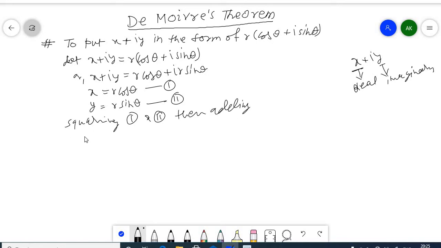So we get x square plus y square on the left side, and on the right side the square of r cos theta, that means r square cos square theta, and the square of the right side of equation 2 is r square sin square theta. Then adding, on the left side x square plus y square, and on the right side r square cos square theta plus r square sin square theta.